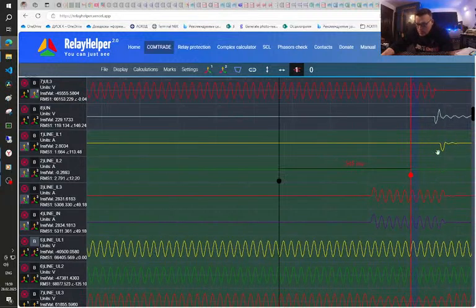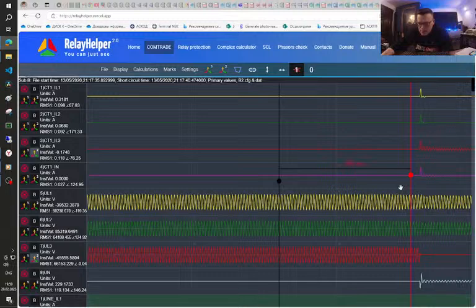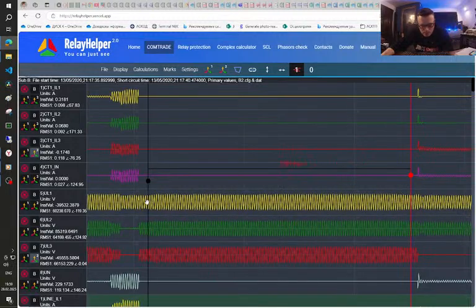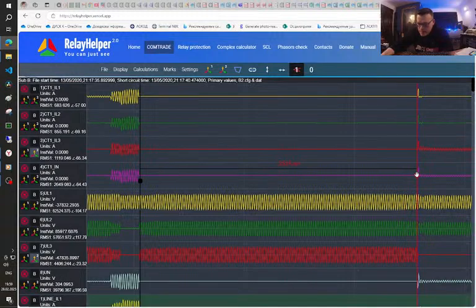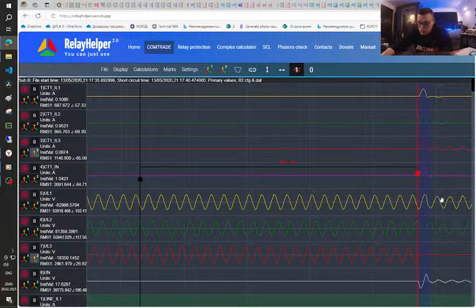And what happened in this transient? So the reason is that at this moment, this is our pause for substation B. The circuit breaker was switched on.